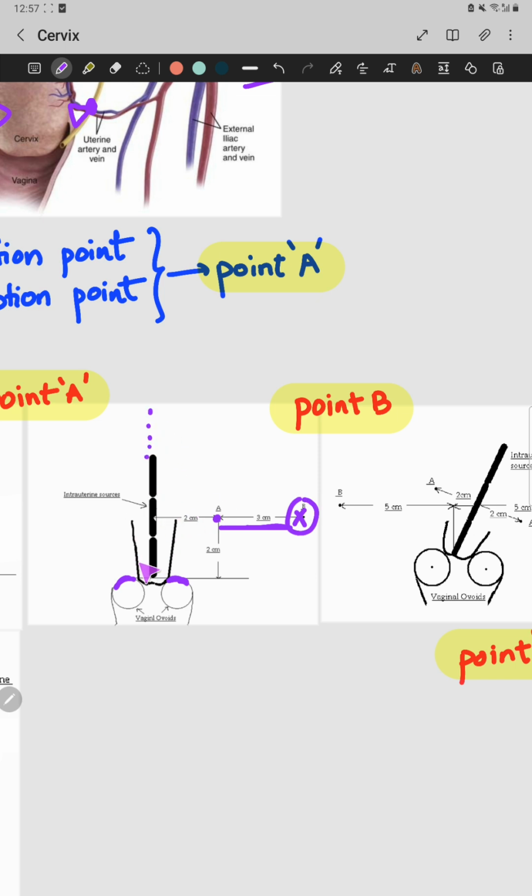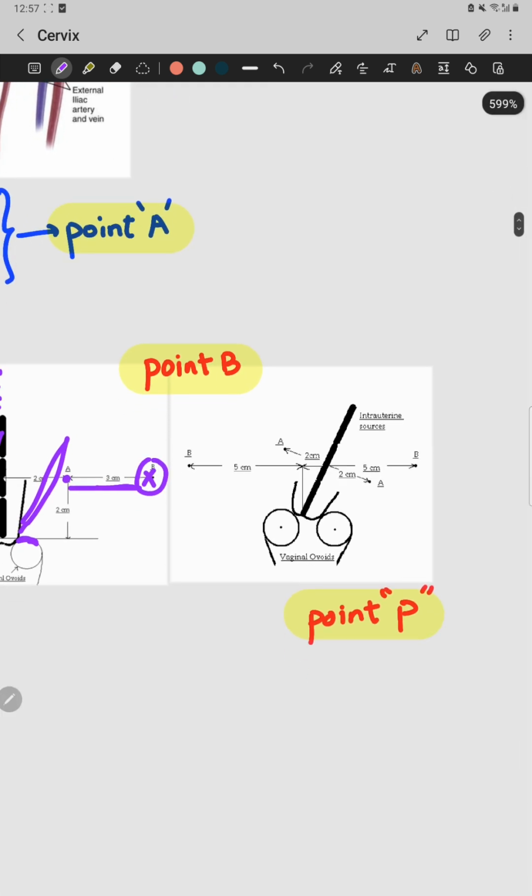So if there is a uterus which has turned a bit, like in this case you can see the uterine axis is different, point A is with respect to the uterine axis, 2 centimeters above and 2 centimeters lateral. But point B is with respect to the midline of the body. This is the midline and this is point B.